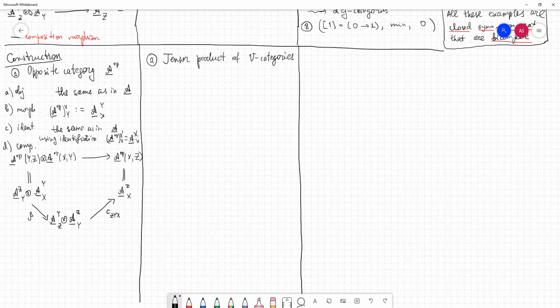So how does it work? A and B are V categories. We define then the objects of A tensor B.